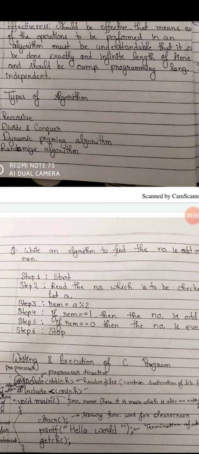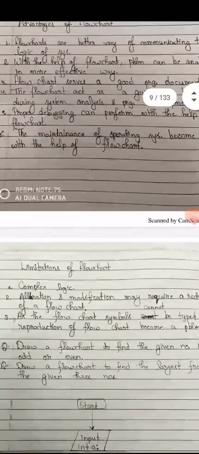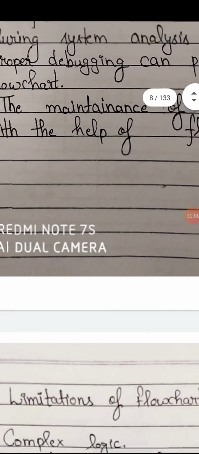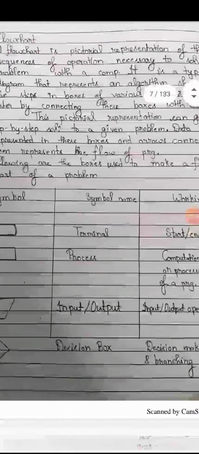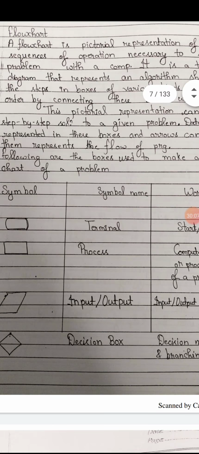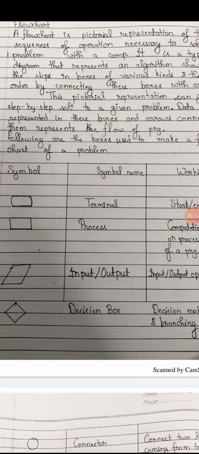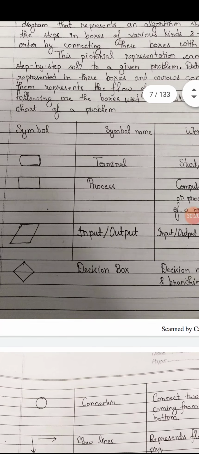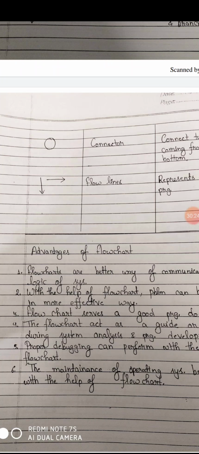So this is what we have discussed today. We have discussed the flow chart: what a flow chart is, why we use it, what the reason behind using it is, what blocks we use in a flow chart, what the purpose of each and every block is, what the advantages of drawing a flow chart are, and what its limitations are.